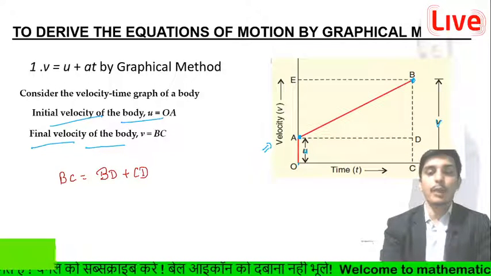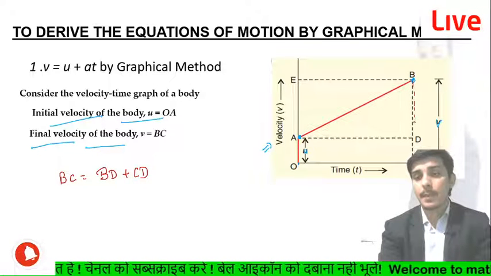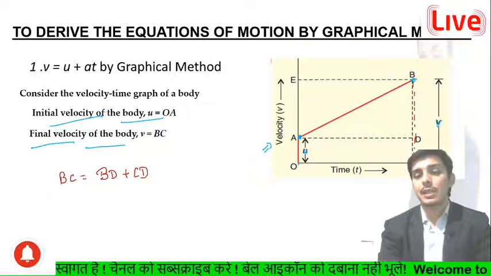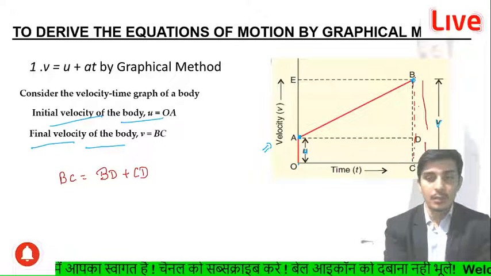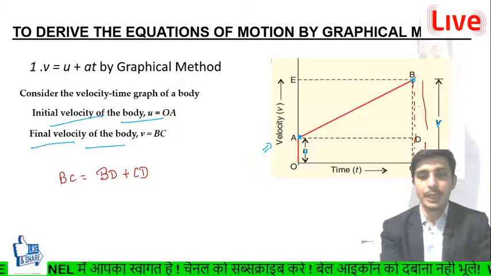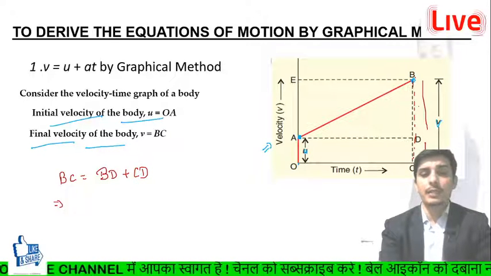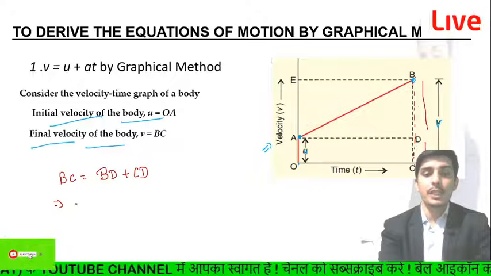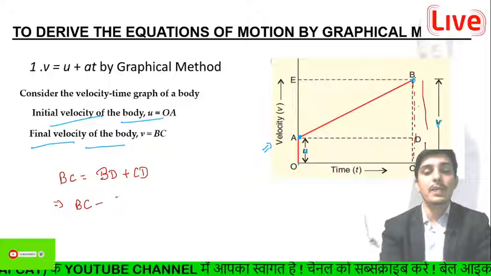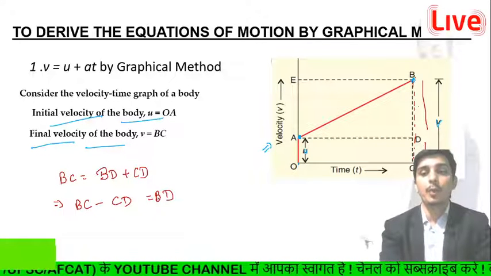Complete BC is equal to BD, this distance, plus CD, this distance. Now I am going to send CD to this side, so it becomes minus CD. So we can write BC minus CD is equal to BD.